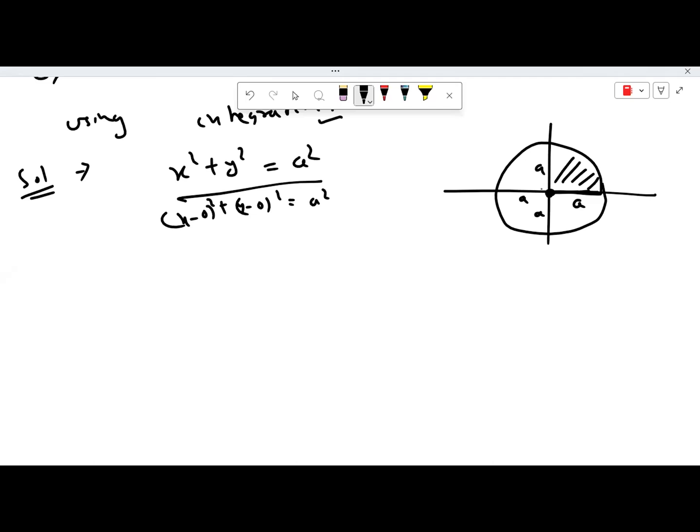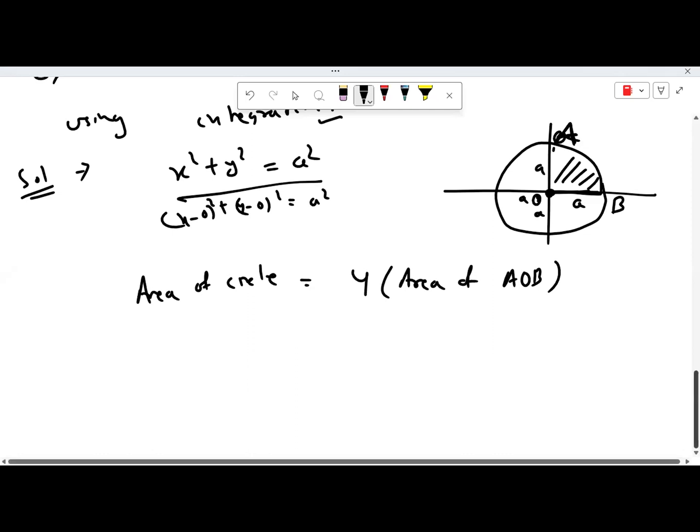Suppose this is A, O, B. Can I write that the area of the circle is 4 times the area of AOB? Yes, sir.